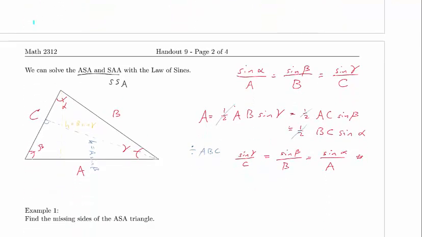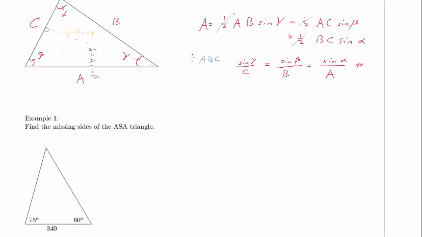Okay, so let's go ahead and use this now. We're going to use this to find the missing sides of this particular angle, side, angle triangle. So again, we want to know what this side is. We'll call this side A, and we'll call this side B. So using the law of sines, we use what we know.